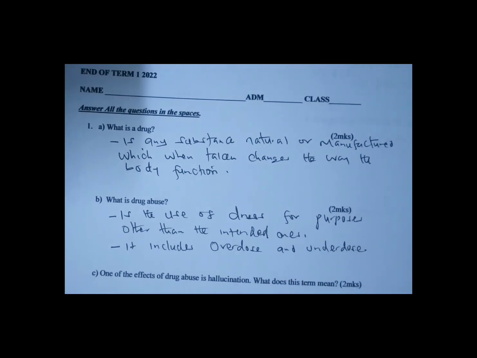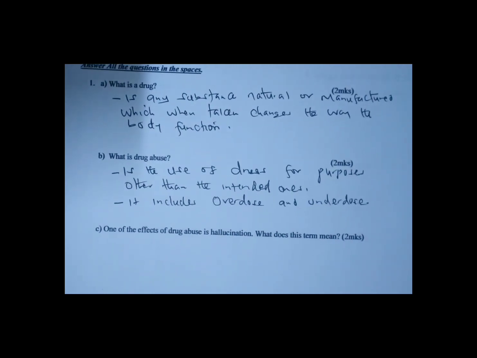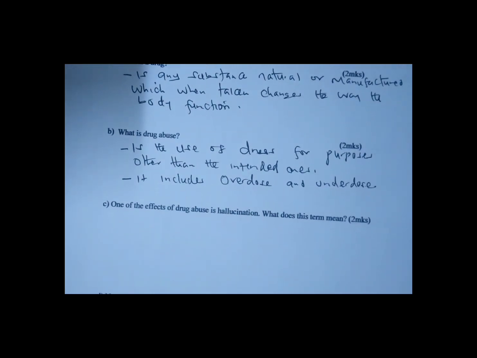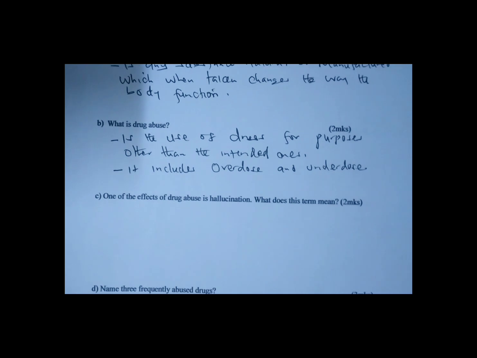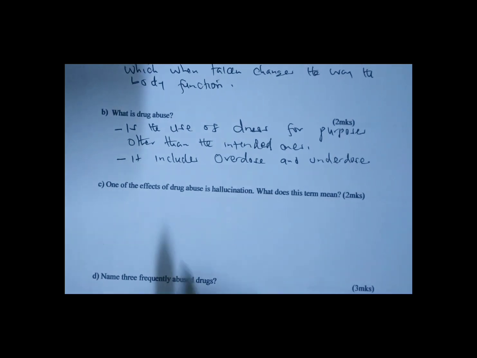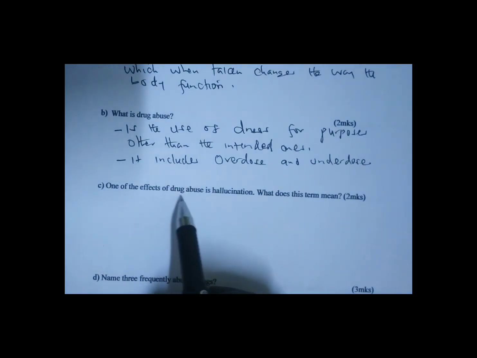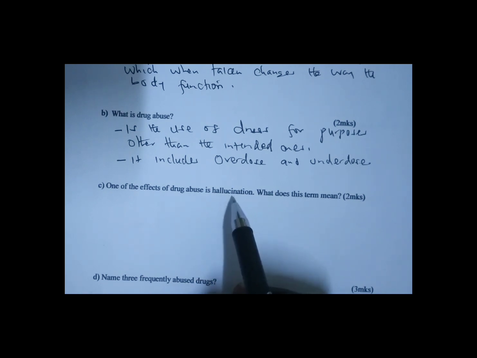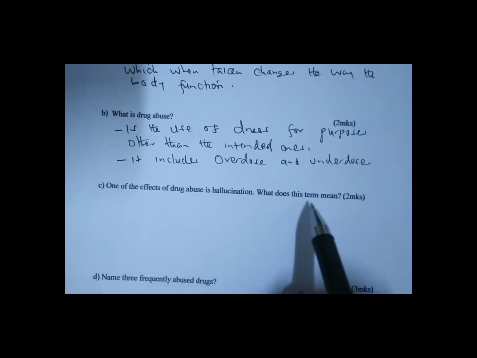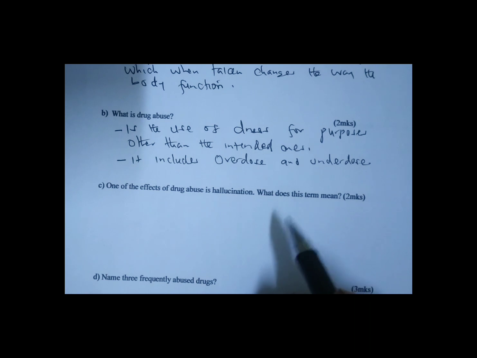We go to question number 1C. One of the effects of drug abuse is hallucination. What is the meaning of the term hallucination?